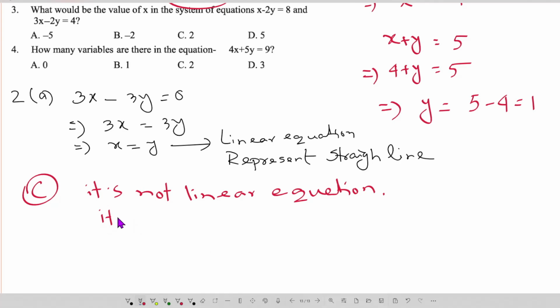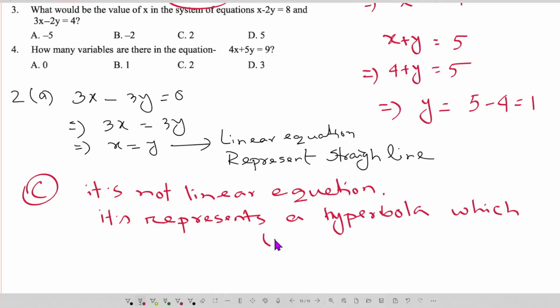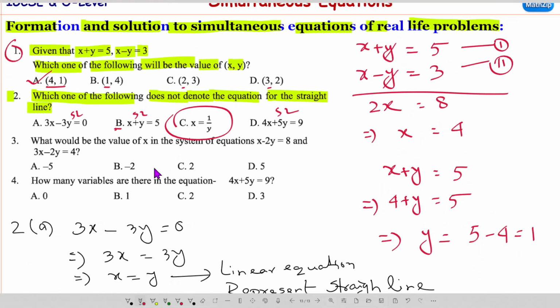It represents a hyperbola, which is a curve. Once we discuss more deeply, that time you will understand, but just note that x equals 1 by y, it's a reciprocal, so it's a fraction in here, so this denotes a curved line. Okay, it's like this. So number 1 and 2 done.